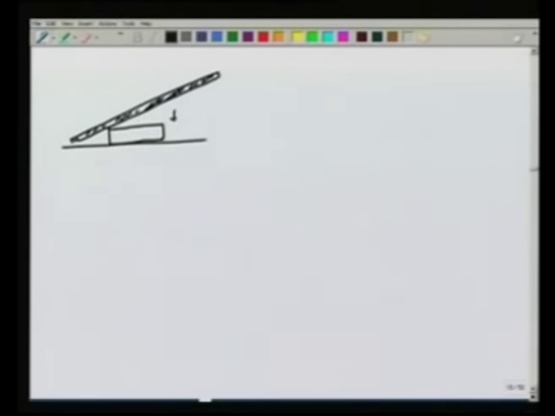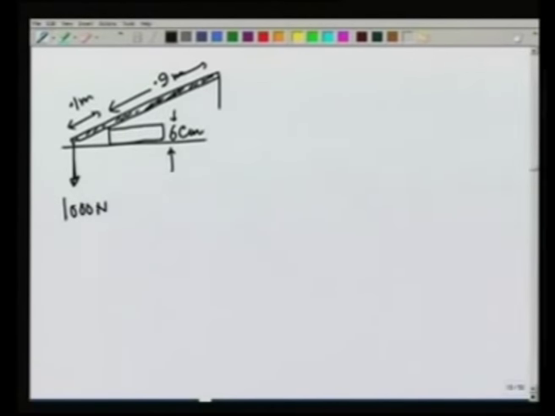Let us say the height of the brick is 6 centimeters. Let this length be 0.1 meter, let this length be 0.9 meters, and I am trying to lift a load which is pushing the rod down of 1000 newtons by applying a vertical force here.